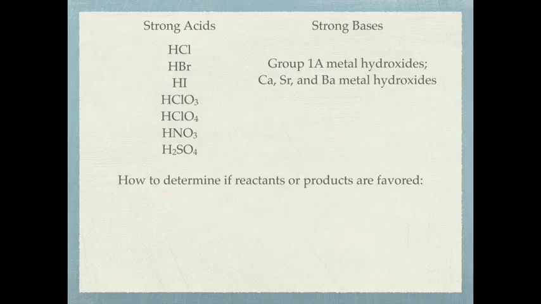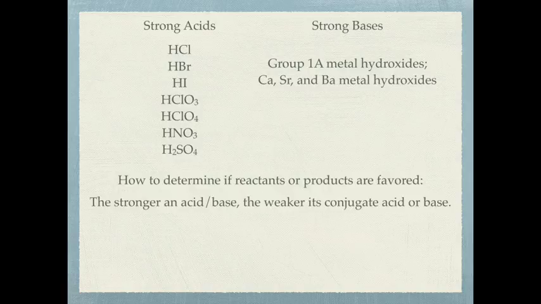So another way of investigating this is talking about whether reactants or products are going to be favored. So if we think about it, the stronger an acid or a base is, the weaker its conjugate acid or base. So for these strong acids and strong bases, their conjugate acids and bases are going to have negligible acidity or basicity.